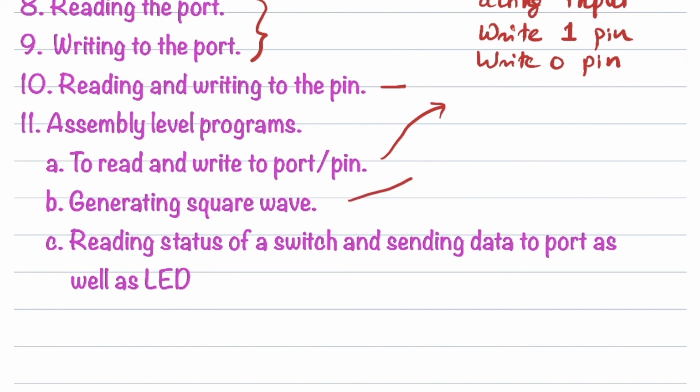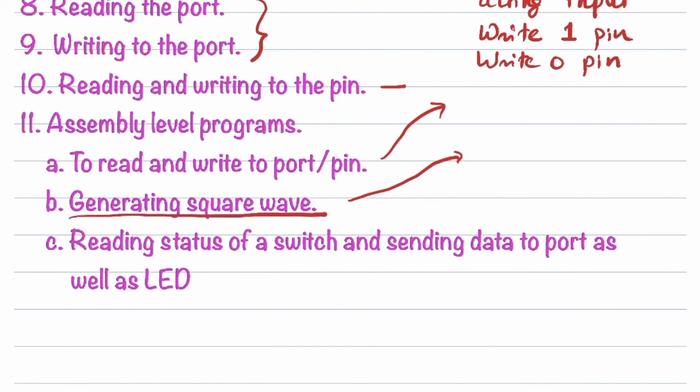We have also seen how to generate a square wave with a specific frequency, how to generate a delay and a time period. And for a rectangular wave, where the duty cycle is more than 50% or less than 50%, we saw how to write the program.